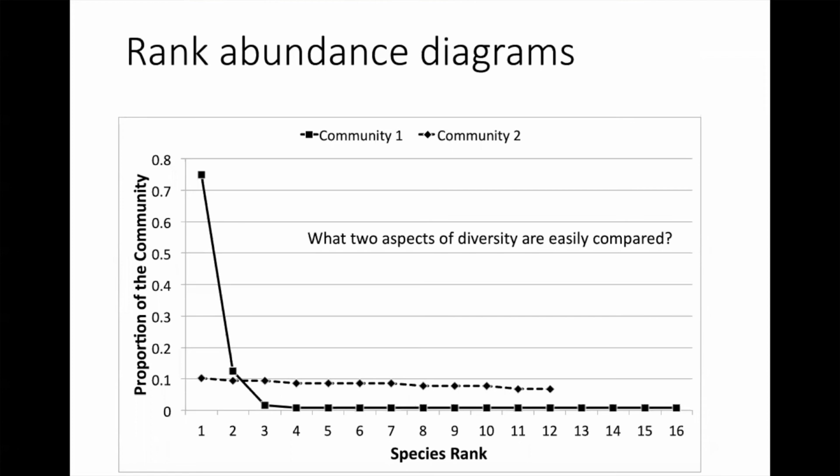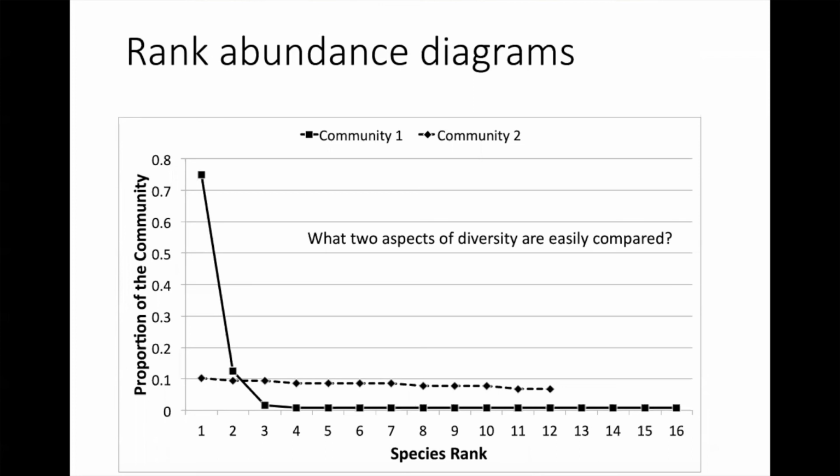What order do the species appear in on the x-axis? So that is the order, but how do you know which species is number 1? The most abundant. So they're ranked in order of abundance. That's what we mean by a rank abundance distribution.